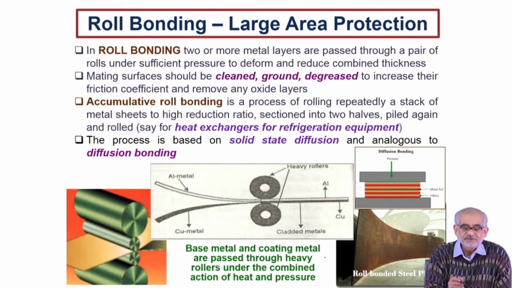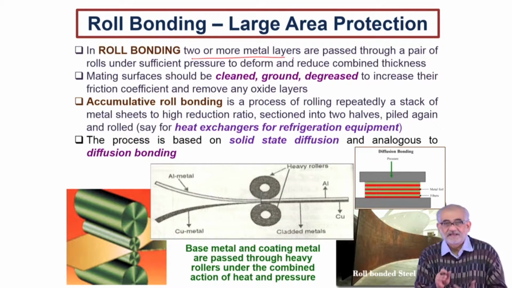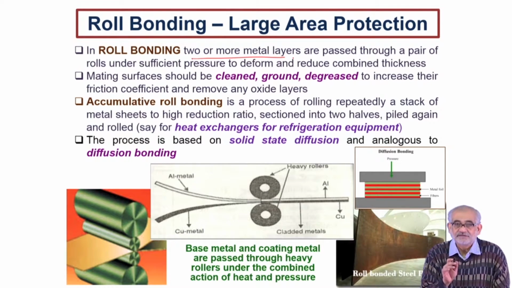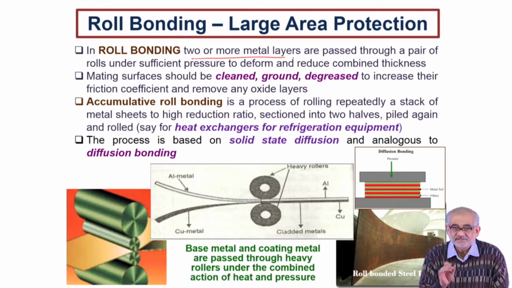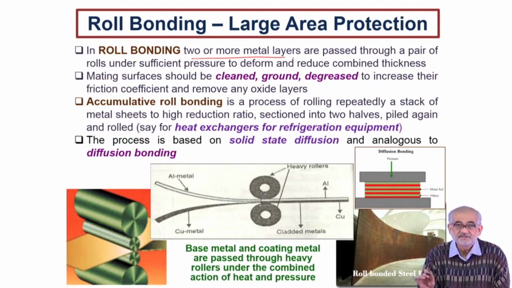So typically, when you talk of roll bonding, you're talking about two or more metals as parallel layers fed into a roll and then rolled together. So when you roll together, if the interfaces between different layers are free from grease or dirt or water or oil, that means a completely metal to metal surface is guaranteed without any discontinuity.